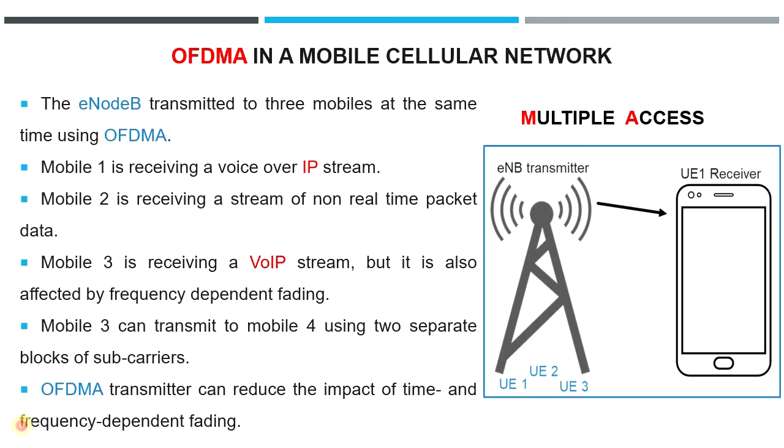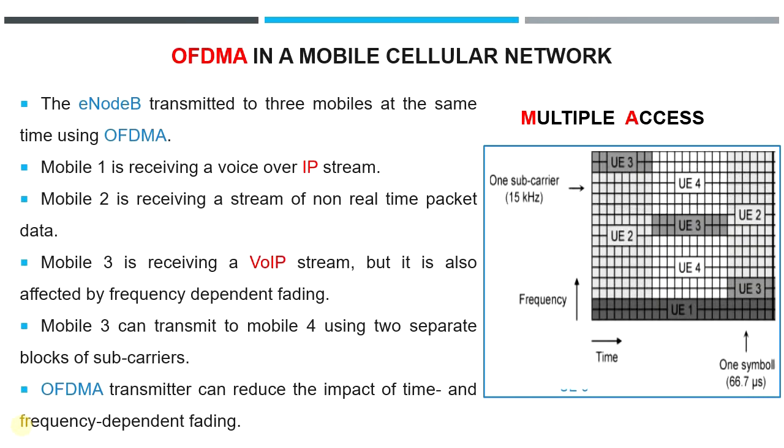You can look in the figure. Mobile 3 is receiving a VoIP stream, voice over IP stream, but it is also affected by frequency-dependent fading. In response, the base station allocates subcarriers on which the mobile is receiving a strong signal and changes this allocation as the fading pattern changes.